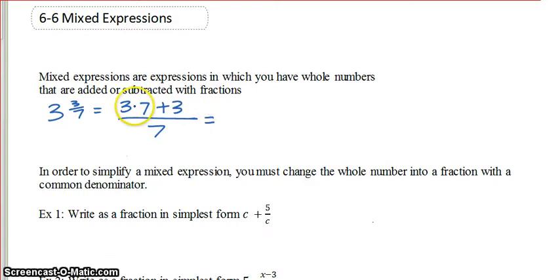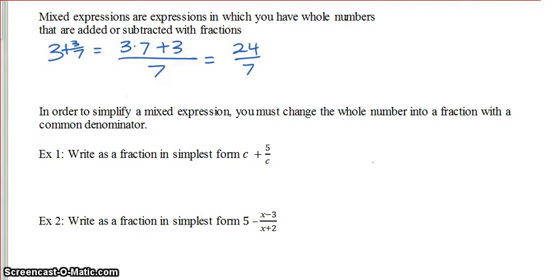So again, order of operations, 3 times 7 is 21, plus 3 is 24. So 24 over 7 is 3 3/7 written as an improper fraction. Now, if you think about it, 3 3/7 is written as a mixed number, but it's also the same as 3 plus 3/7. Same idea. So now when we get to our actual mixed expressions, we'll be able to use that same concept.